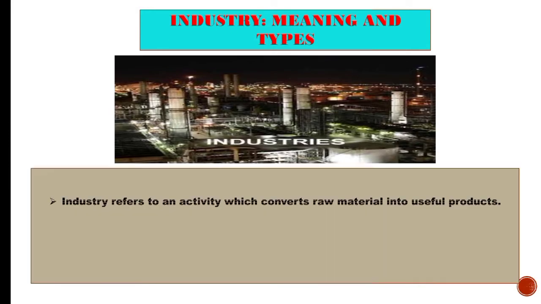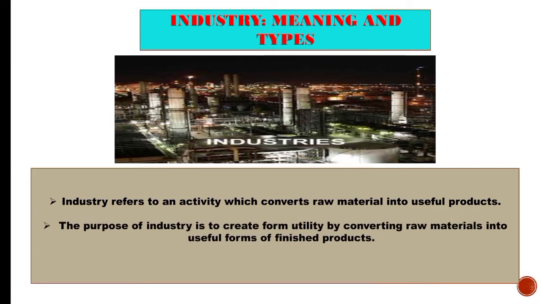So we'll start with the very first category of business activity, that is industry. Now what does industry mean? Industry refers to an activity which converts raw material into useful products. So we can say industry includes activities related to production and processing, as well as activities related to rearing and reproduction of animals or other living species.